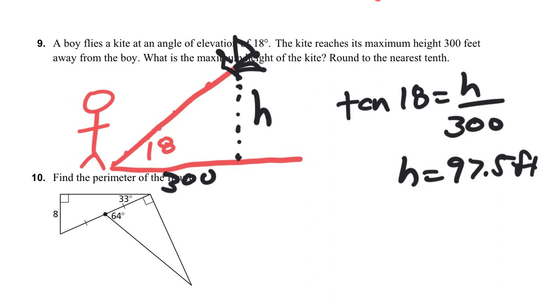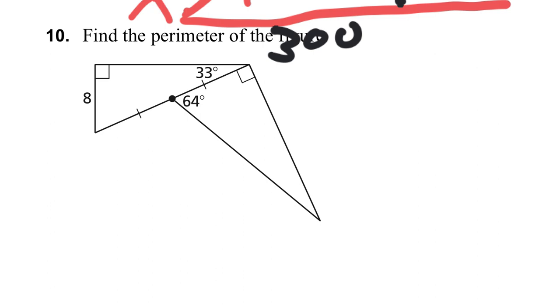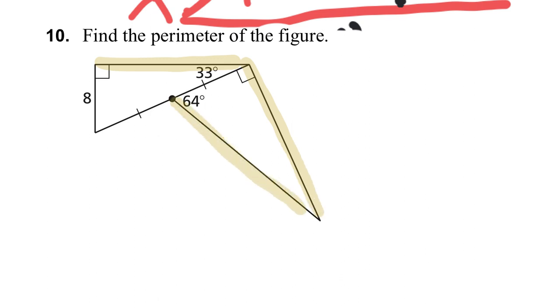There we go. Now, what's going to happen on number 10? This is not really complicated, but quite a lengthy problem. It asks us to find the perimeter. The perimeter means we need to find all this that's highlighted in yellow. The only thing I know for sure is some angle measurements on one side.